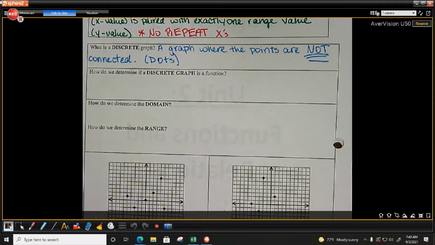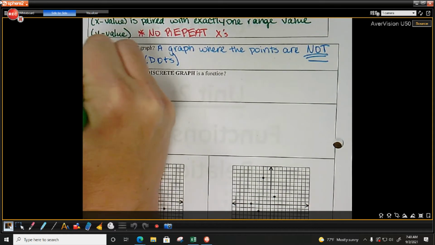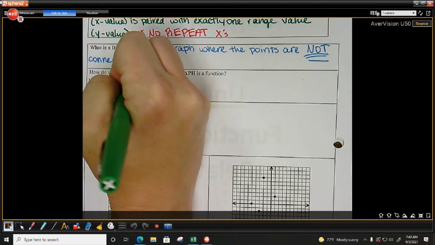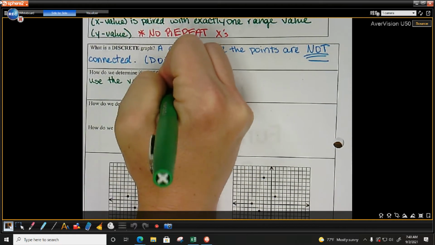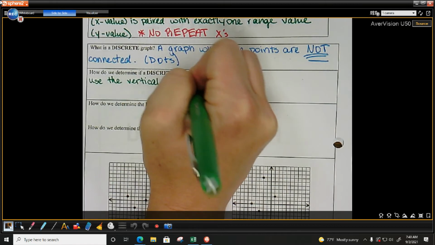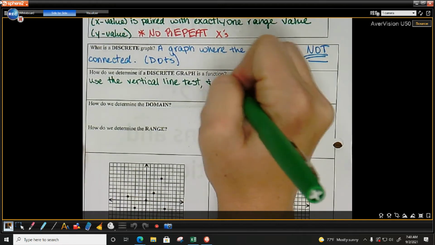And then the way you tell if your discrete graph is a function or not is you are going to use the vertical line test and look for repeated x's.